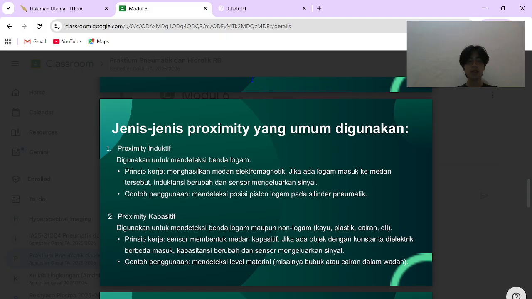Inductive and capacitive sensors are two of the most commonly used sensors in pneumatic and automatic systems. The inductive sensor is ideal for detecting the position of moving metal parts such as a piston. The capacitive sensor is more versatile as it can detect almost any material, including solids and liquids. The working principle of both sensors involves a change in the electromagnetic or capacitive field.